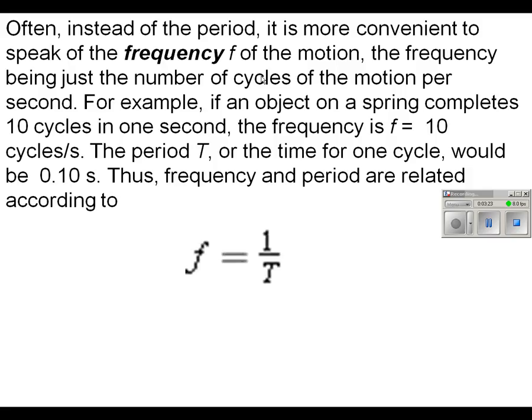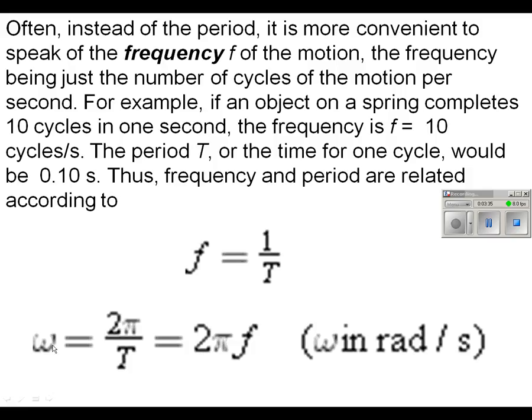For example, if an object on a spring completes 10 cycles in 1 second, the frequency is 10 cycles per second. The period T, or the time for one cycle, would be 0.1 seconds. Frequency and period are related this way. So you can then also say, well, since angular frequency is 2 pi over T, angular frequency is 2 pi f as well.